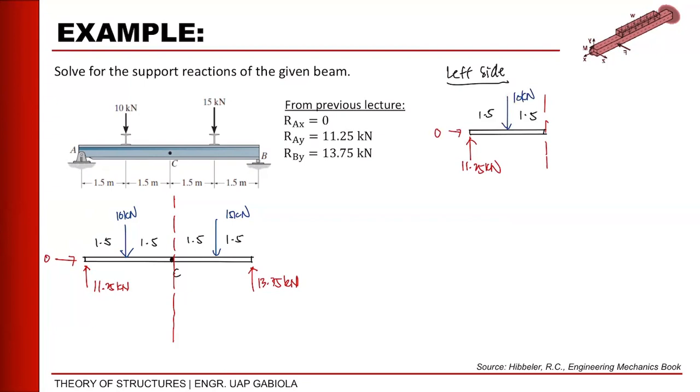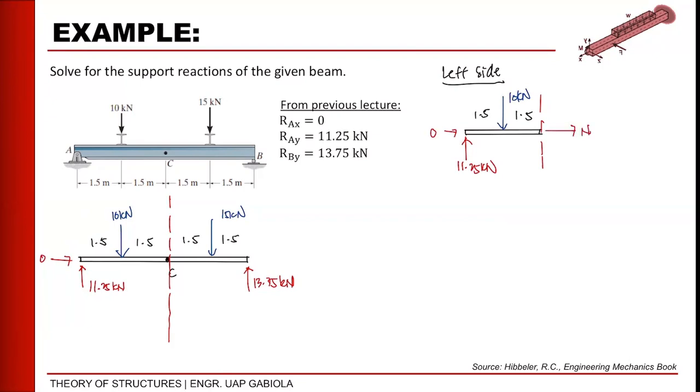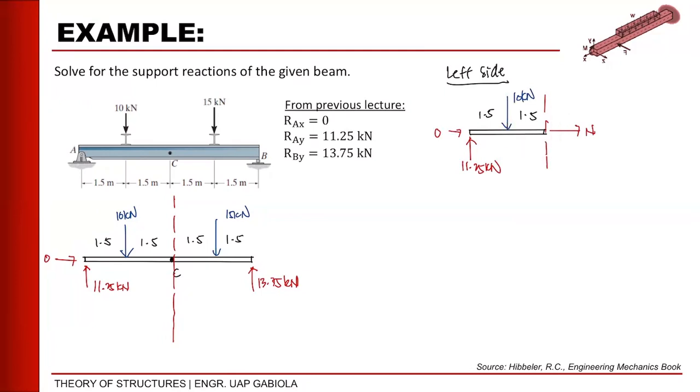Okay? Ngayon, dito sa cut section natin, kailangan i-expose natin yung internal forces natin. Ngayon, again, yung positive sense natin ng N ay tensile. For shear, dapat magkaroon siya ng clockwise rotation. So, yung clockwise rotation ng ano natin will be ito. Okay, ito yung shear natin.